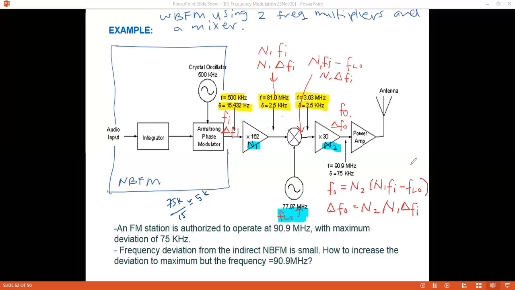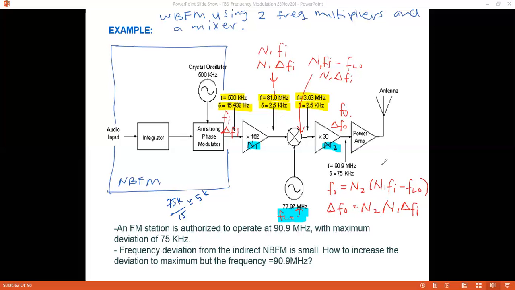These are the equations at the outputs. So we get our F at the desired frequency, 90.9 megahertz, and delta F at 75 kilohertz. In order to solve this problem, you have to use all these equations and solve them.